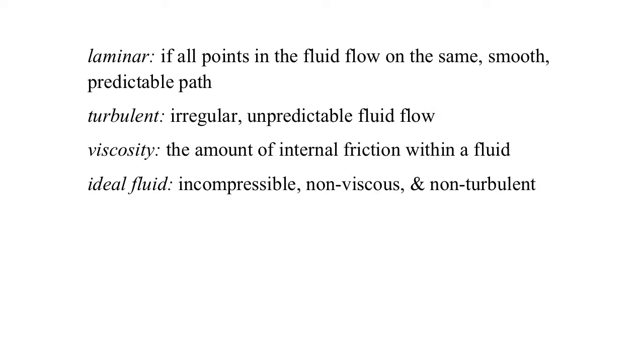The formula to determine the Reynolds number is based upon the density of the fluid, the velocity of the fluid, the viscosity of the fluid, and depending upon what it's flowing through, the geometric makeup of the pipe or whatever it is that we're looking at.